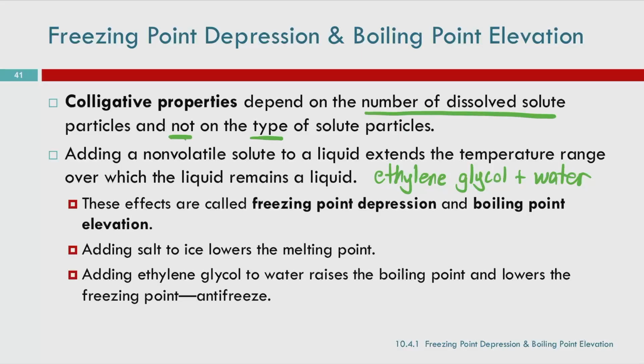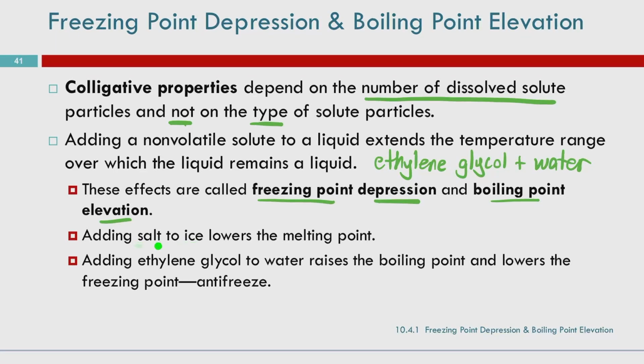The two colligative properties that we're going to talk about are freezing point depression, which is not just being sad when it's cold, and boiling point elevation. They're very, very similar in terms of their equations, as we'll see. Another place that we sometimes see this is salting the road, which we don't really get here very much because it doesn't snow.